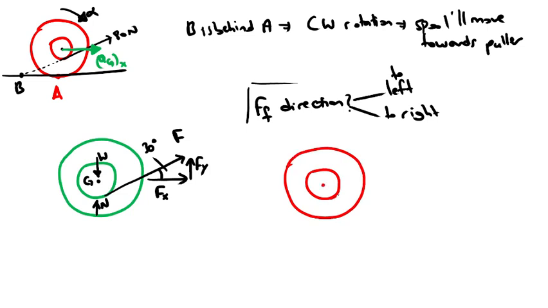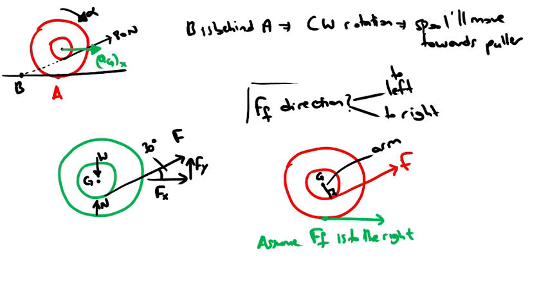We have a force here that pulls this thing, and that force has an arm about point G. Then we have the frictional force Ff, and let's assume Ff is to the right, this way. And this Ff has an arm of this much.